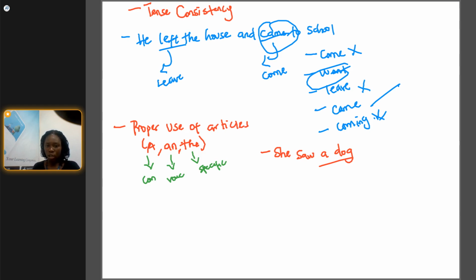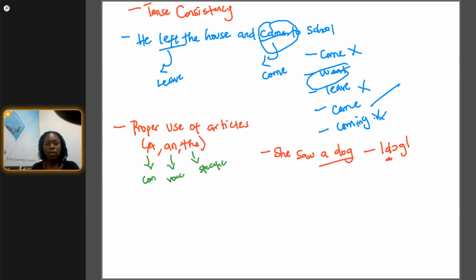So she saw a dog. A dog, because dog here starts with a consonant sound. If you are to transcribe this, you have dog. So this is a consonant sound.